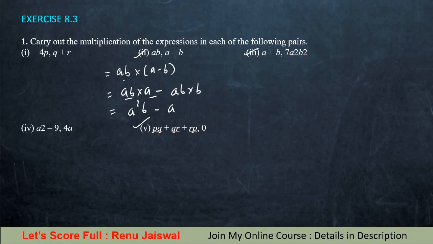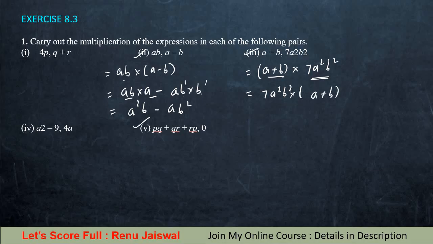Here again A as it is, then B has at two places, so add power. Remember one thing, while multiplication you can switch the terms. Like this is written first, you can write this as first. So it does not make any difference.